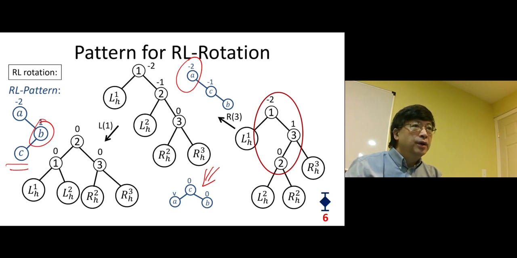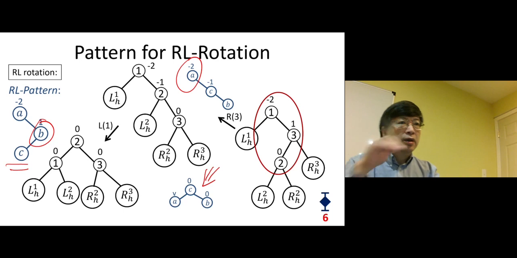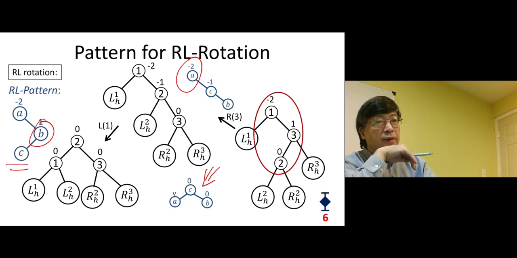Let me check. I have 8.6, one concrete AVL example. So how do we build a concrete AVL example? After we define the rotations, we need to see a concrete example.